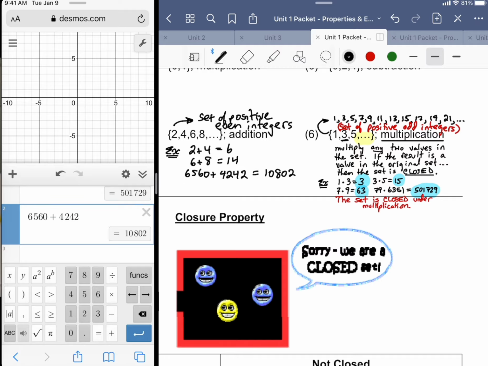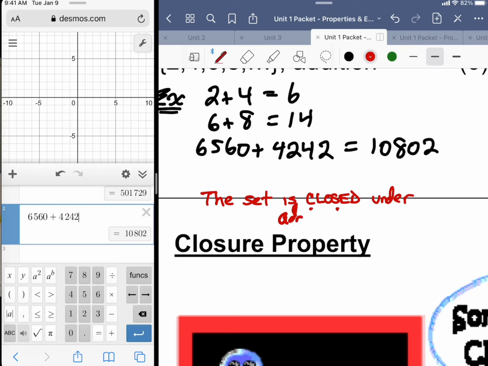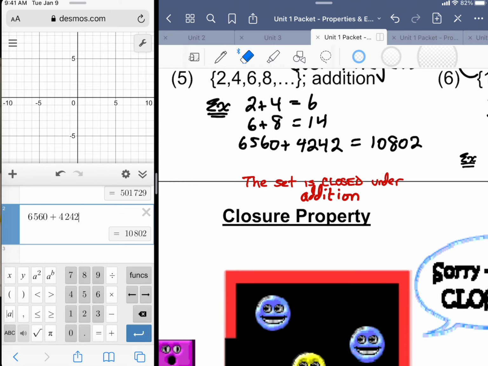So the set is closed under addition. All right, set is closed under addition.